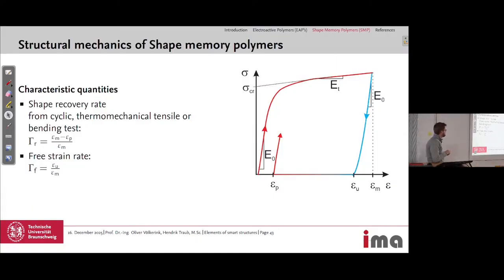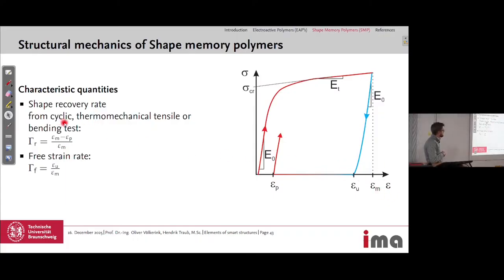And there are two characteristic values. We have the shape recovery rate, so it's epsilon m, which is this point. This is the deformation we applied, we want to save, minus the shape we get back when we heat it up, divided by this shape.